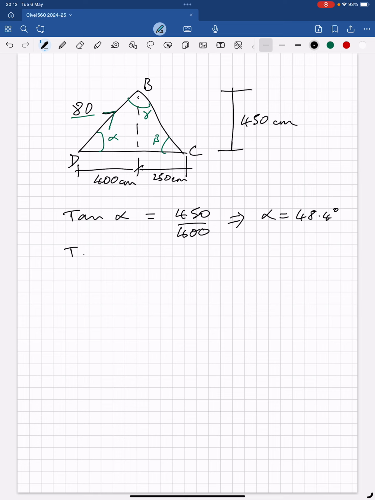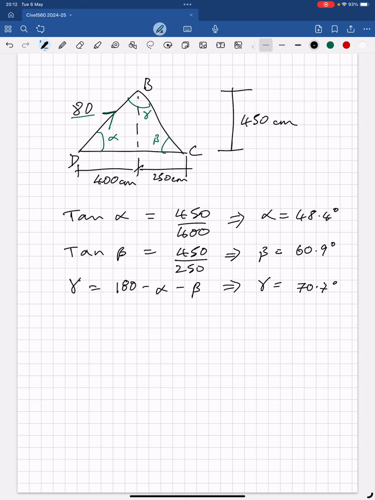We can write similarly tan beta is 450 over 250, leads to beta equals 60.9 degrees. And you see I've only used one decimal place here, that's more than sufficient. Gamma, well, we know gamma is equal to 180 minus alpha minus beta, which leads to gamma equals 70.7 degrees.